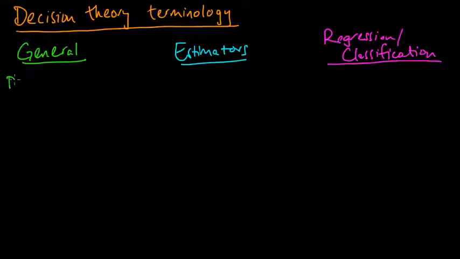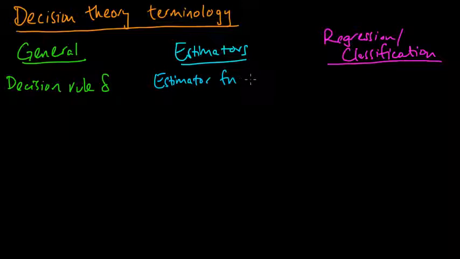So in general, we have what's called a decision rule. People usually use delta to denote a decision rule. We'll talk more about what that is in a sec. The corresponding thing for estimators is what I'm going to call an estimator function. I don't know if there's a standard term for this, so let me put a little star if something is non-standard about that entry.